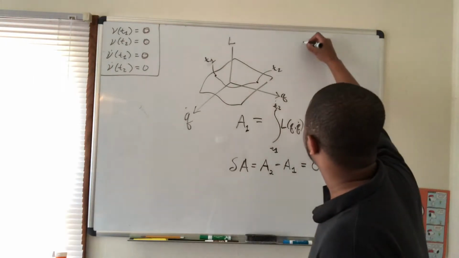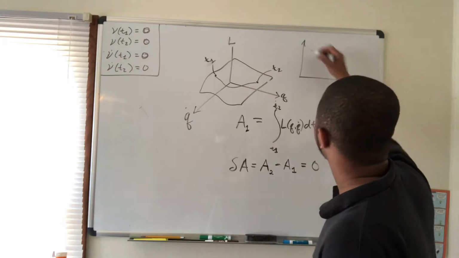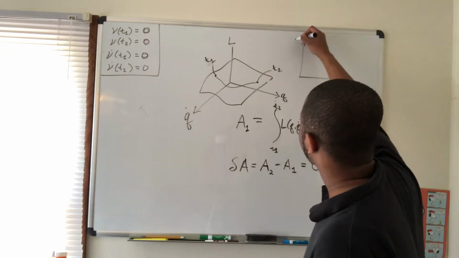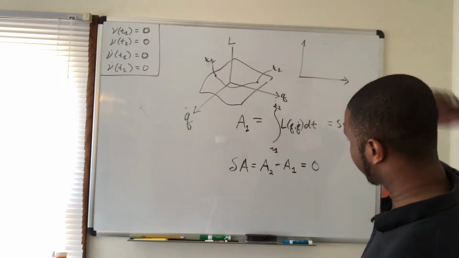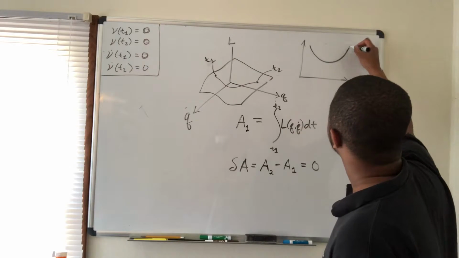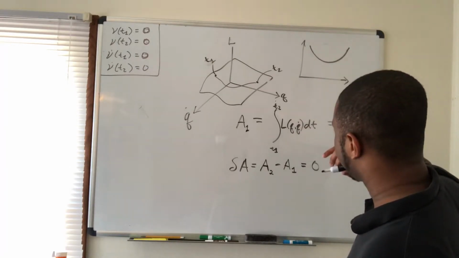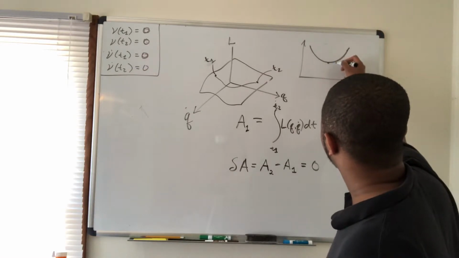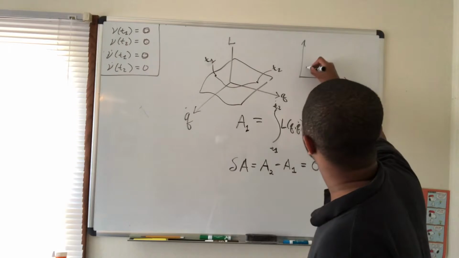okay, so let's look at an analogy again in single variable calculus. If we have some function here, and we want to see what happens to it, this could be represented this way.